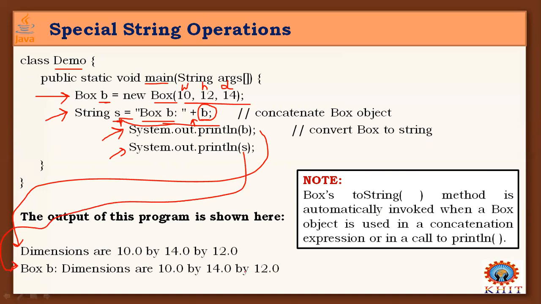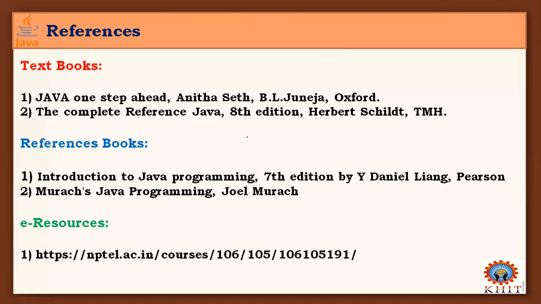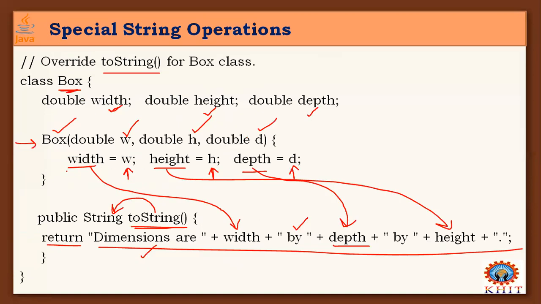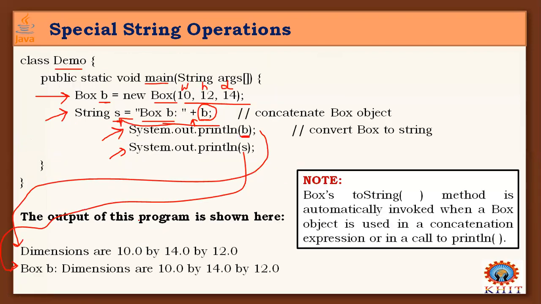So what happened here? The box object b gets the values like this: width, height, and depth are initialized with those values. When we try to display the object values, this method is automatically called, and here the dimensions are 10, 14, and 12 as double type.